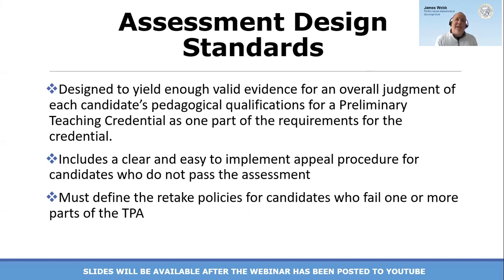What will be the timeline? How many retakes? These are all questions that you need to have at your program. Remember, the commission is not going to tell you it needs to be this number. This will be a determination that you will make, but it must be defensible and it must be clear to all candidates as they are enrolling in your program.